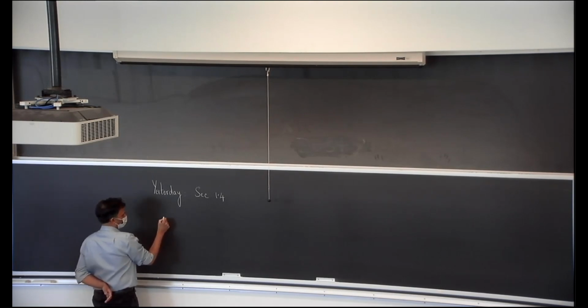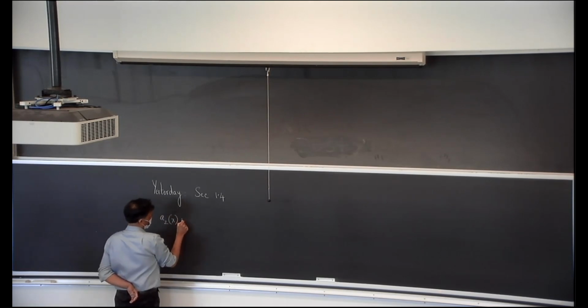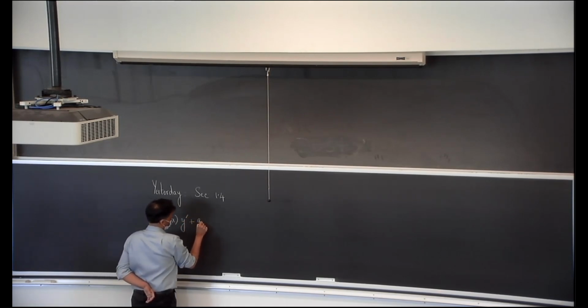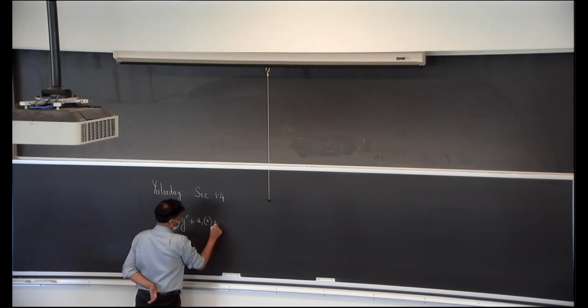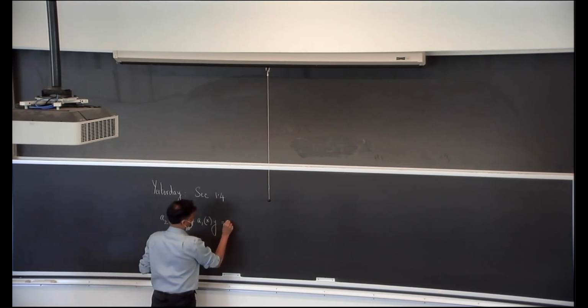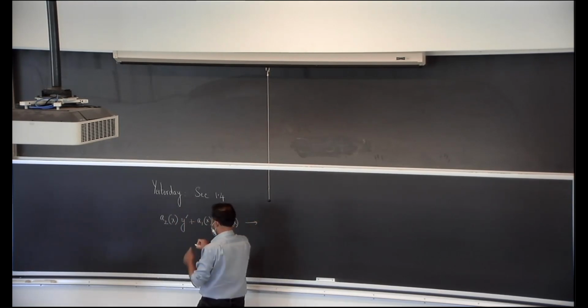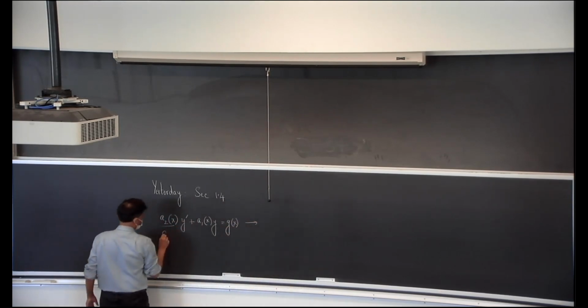If you have something like a2(x) y prime plus a1(x) y, I think some textbooks write a1 and a0, it doesn't matter, equal to g of x, you can write this in the standard form by dividing throughout by a2.